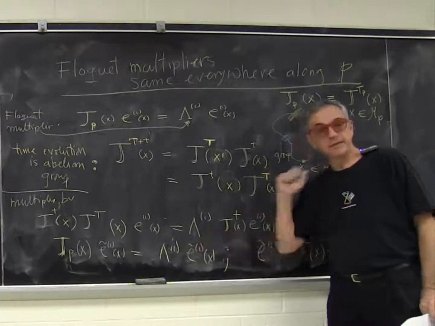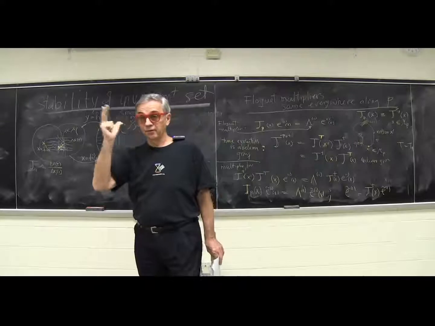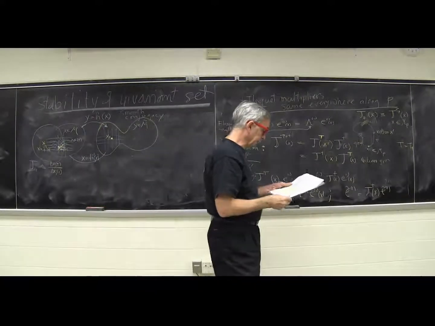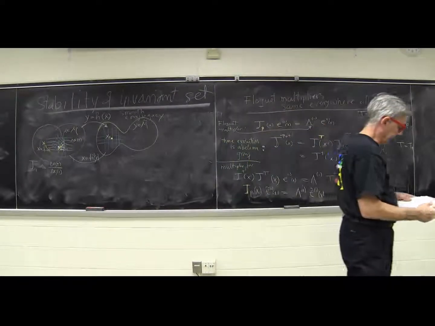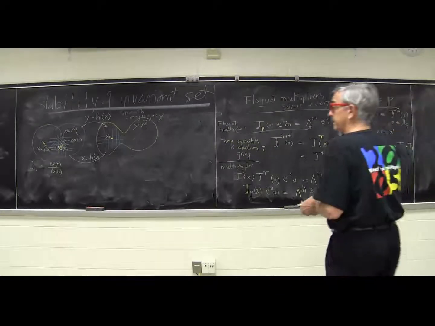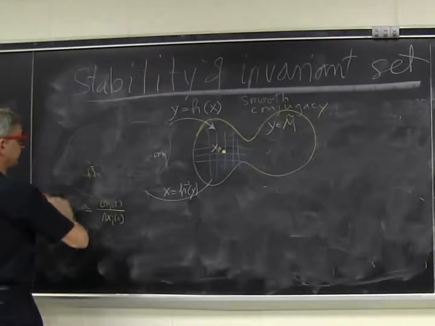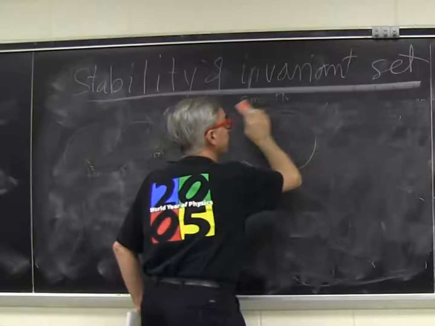And the multiplier is an invariant property just of the periodic orbit, of the whole set, even though you compute it in particular coordinates. So that's the first nice result. The second nice result is the implementation of what I'm just erasing right now.